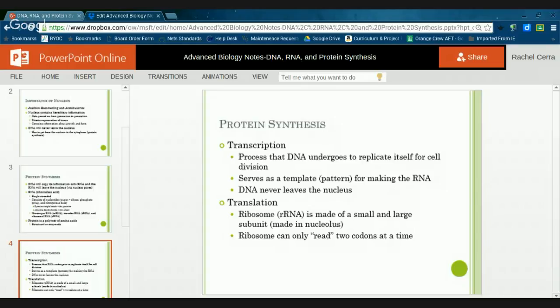It actually can read 2. It's actually only reading 1, but it's anticipating the second to start lining up that transfer RNA. That transfer RNA is going to have that anticodon, which is going to match up with your codon on the messenger RNA.